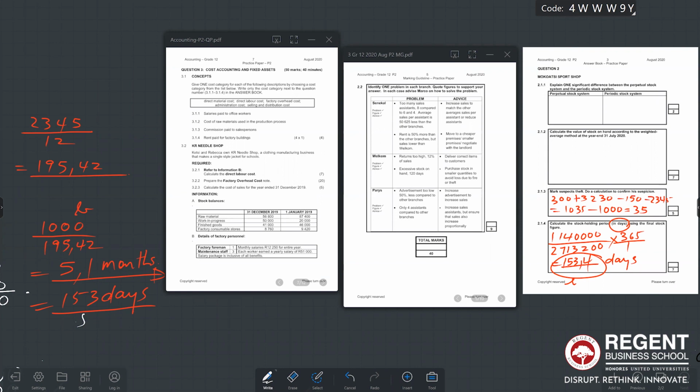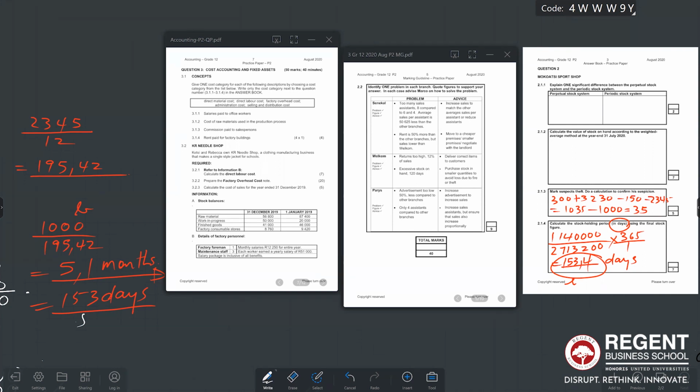Write it, but no figure. Then that will give you the goods that you have available for sale. Less your closing stock of finished goods will give you cost of sales.